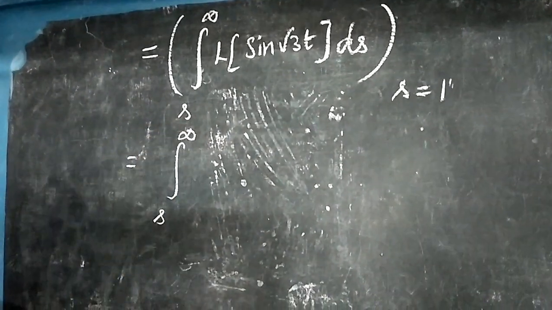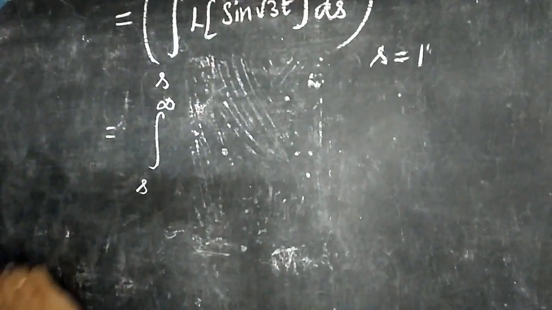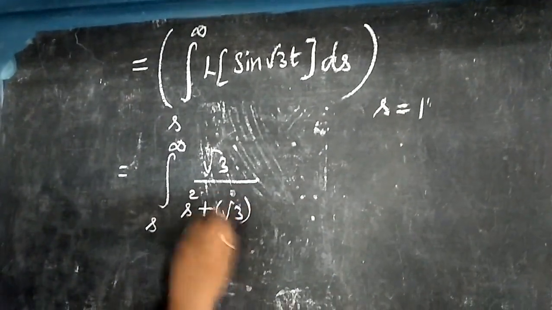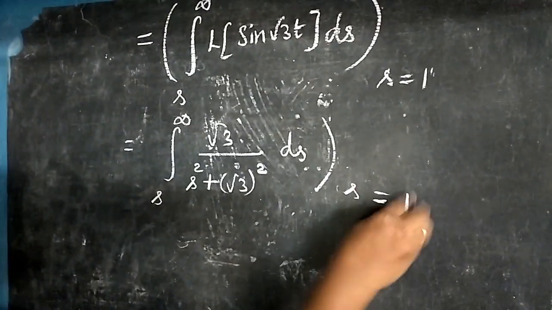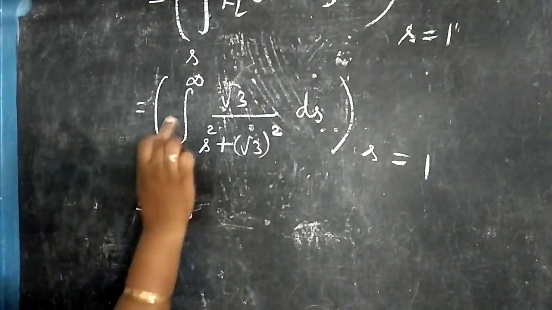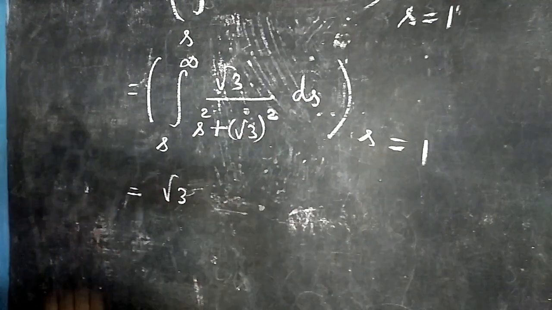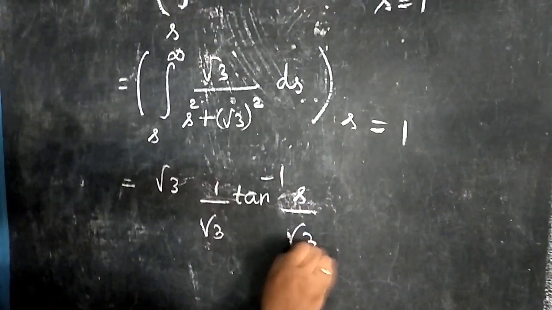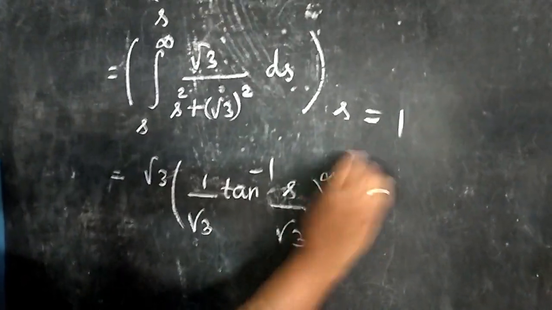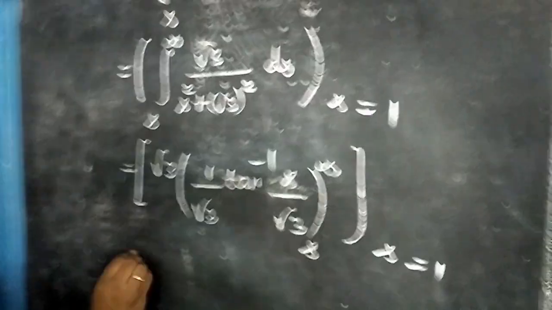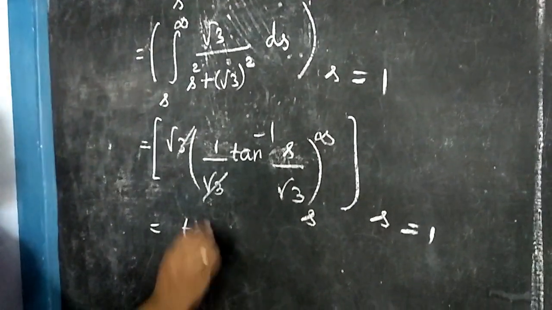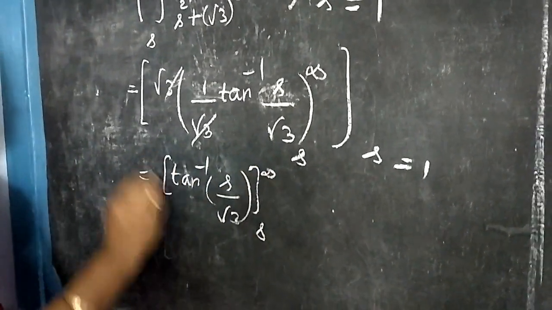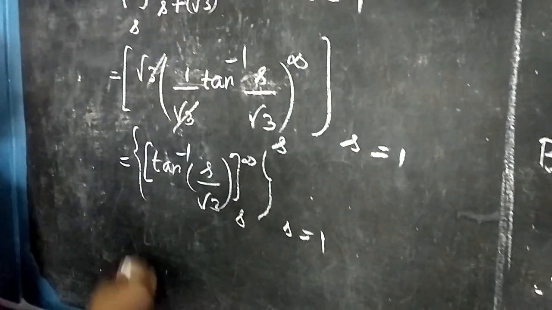It is equal to the integral from s to infinity. The Laplace transformation of sin root 3t is root 3 by s square plus root 3 square ds. Integration of ds by s square plus a square is 1 by a tan inverse of s by a. It is tan inverse of s by root 3 between the limits s to infinity, at s equal to 1.